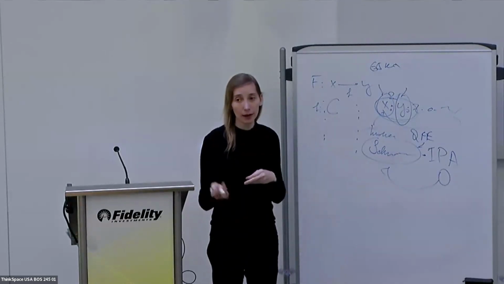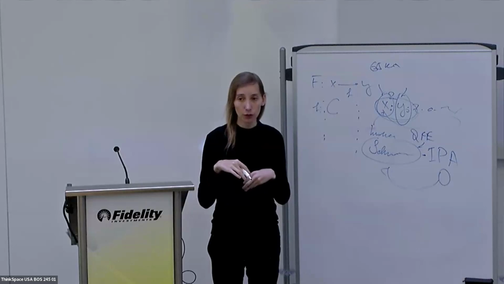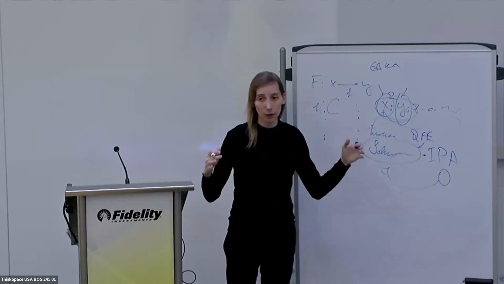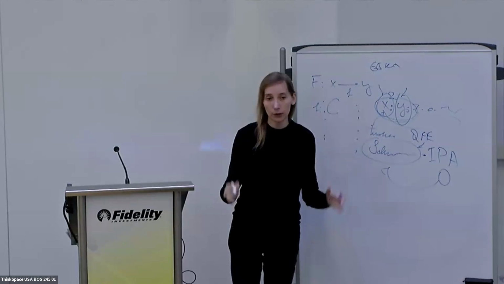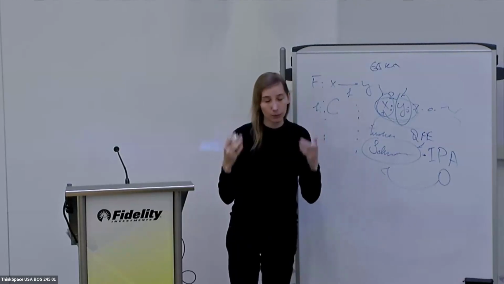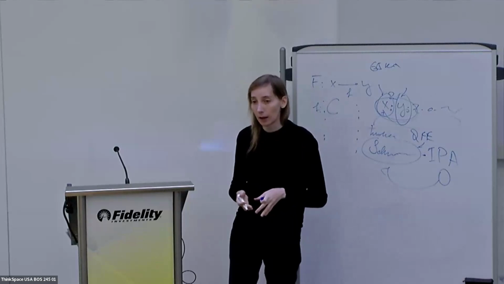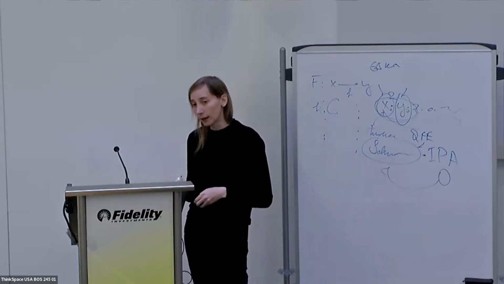The question is then, can you arithmetize the Schnorr signature or the IPA-based persistent verification in this set of QFE equations, R1CS style? The answer is you apparently can.